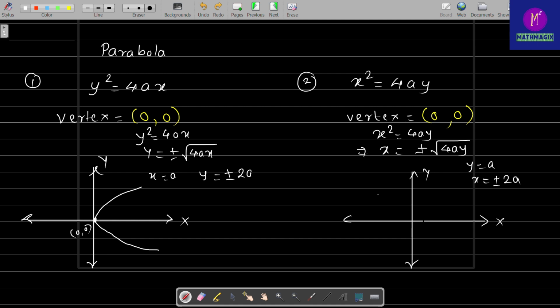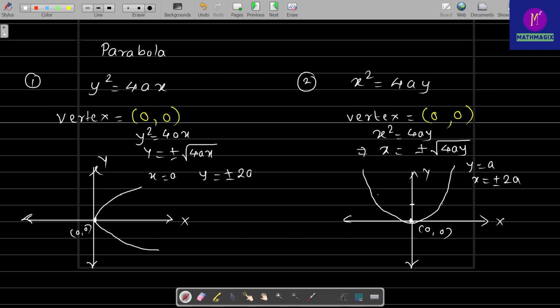So for y equal to a, we get x as 2a and -2a. So obviously this parabola is symmetric along the y-axis and the shape will be like this. Clearly this is the vertex, which is (0, 0). So this is the way we can draw the parabola.